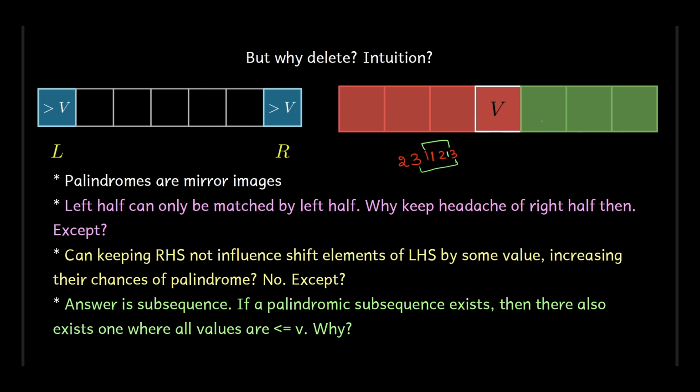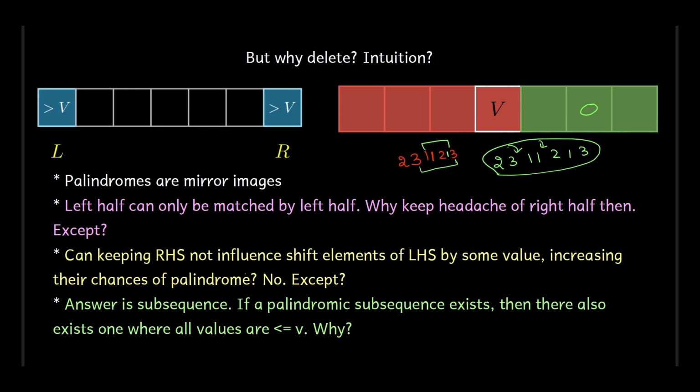What if you had an additional element from this part that you could insert somewhere so that all the elements get shifted to the right? So if you could do something like 2 3 1 1 2 1 3, and maybe you could insert something over here or over here that could shift everything and make the entire thing a palindrome, maybe that would have helped, and in that case your strategy of deleting all the right half might not be valid.